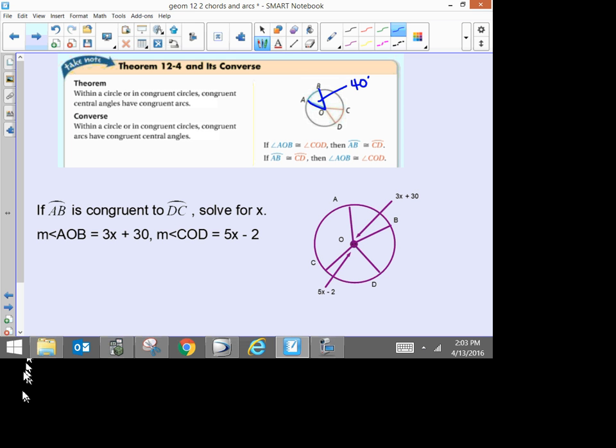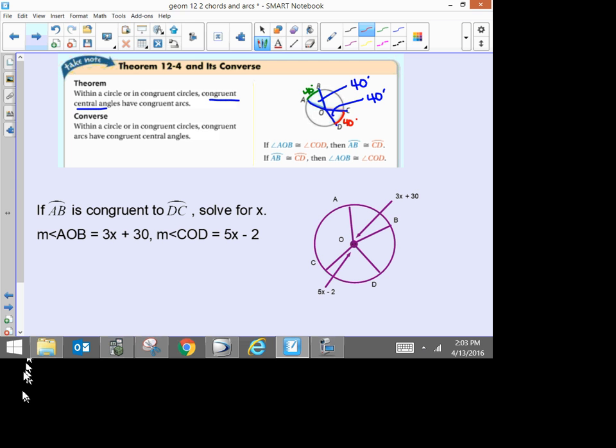That makes arc AB how many degrees? 40. Remember, if we have congruent central angles, that makes this red angle also 40, and that makes this 40 as well. Therefore, they are congruent.